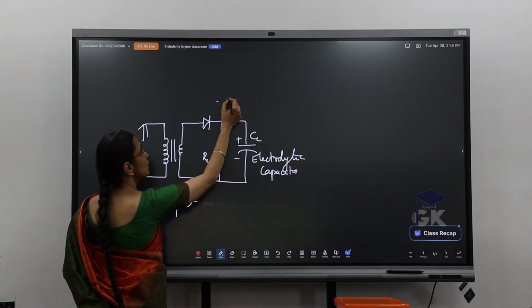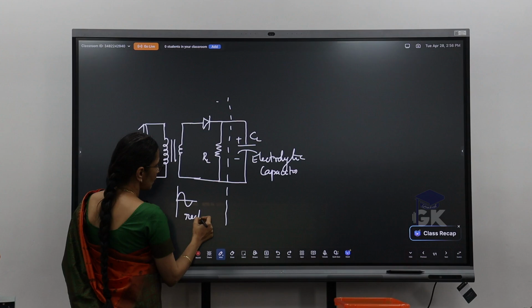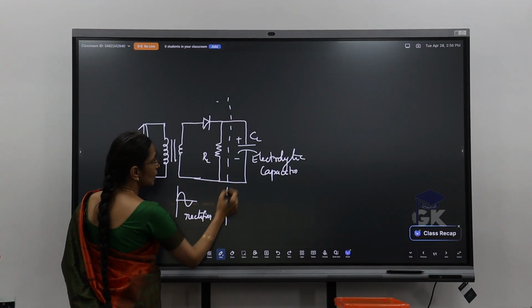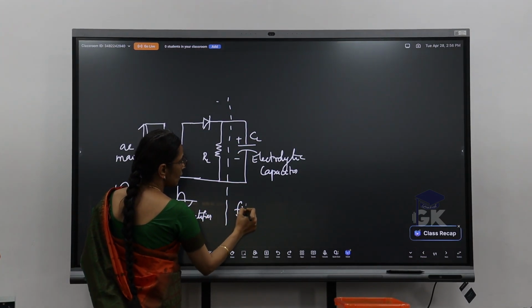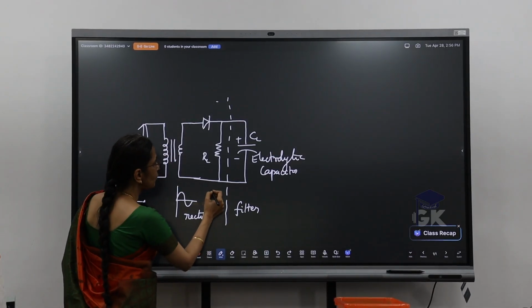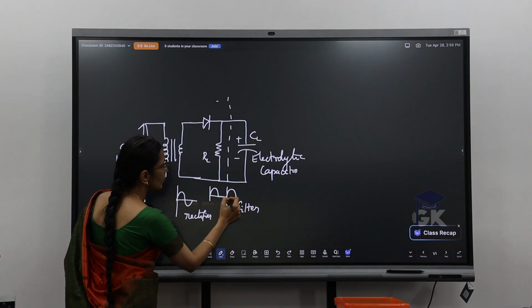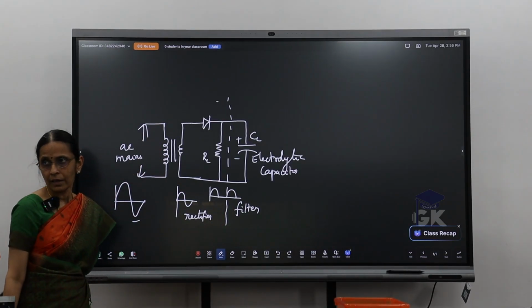Now till this part, it is nothing but your rectifier and this C will act like your filter. The output of your rectifier is this. This is the output of my rectifier.